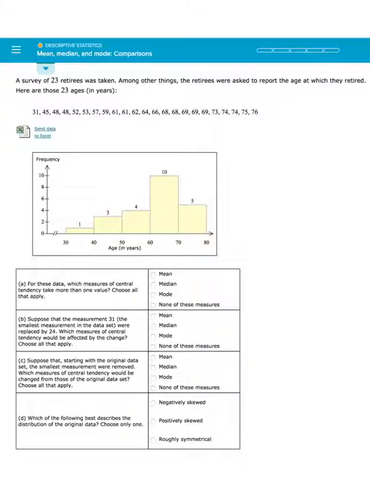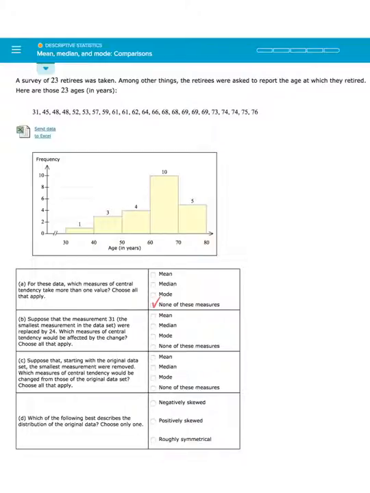So it is clear that there is one mode because 69 occurs 3 times, which is more often than any other element in the data set. So in this case, my answer will be none of these measures have more than one value. I'm going to say none.